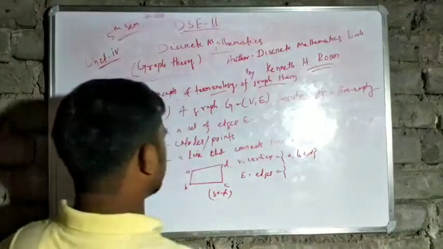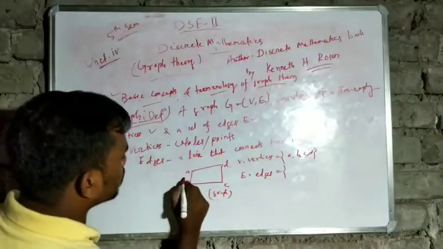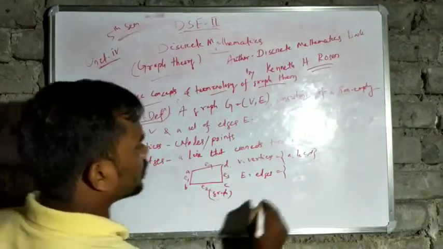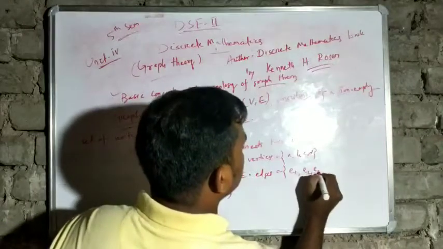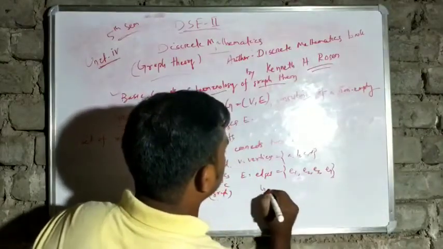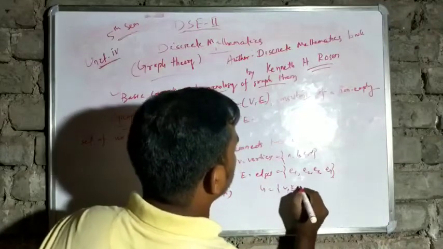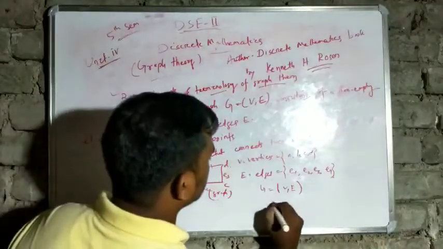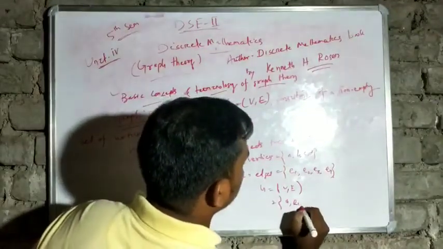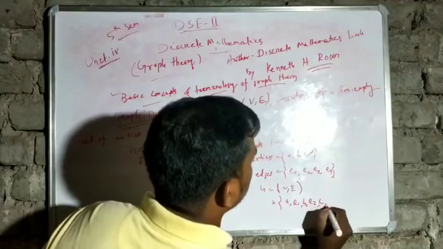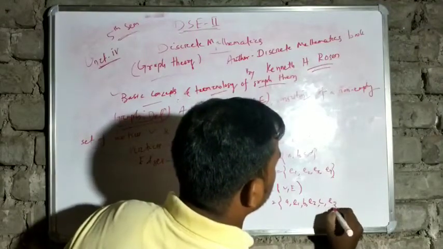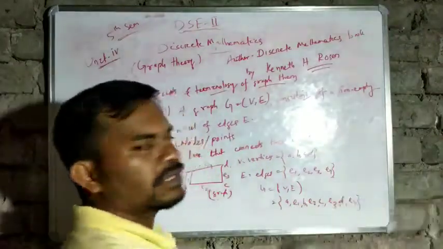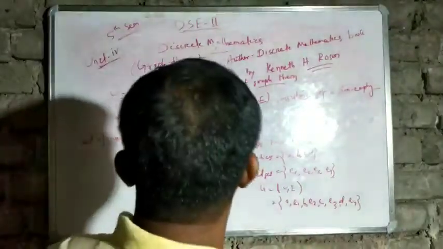The edges are E1, E2, E3, E4. Now G equals V comma E is the graph, so we can write G as a combination of vertices and edges: A, E1, B, E2, C, E3, D, E4. This is an example of a graph.